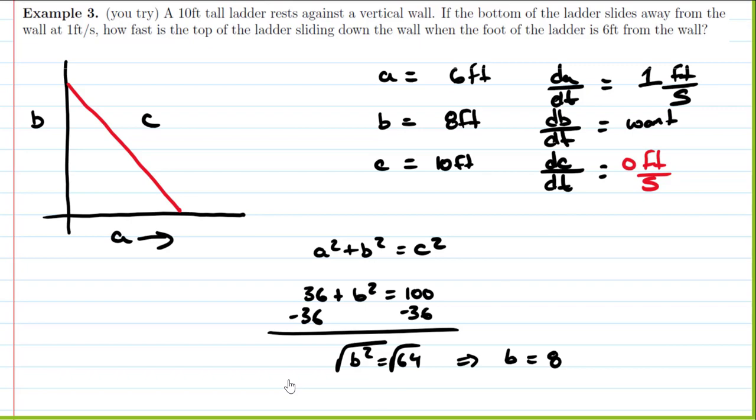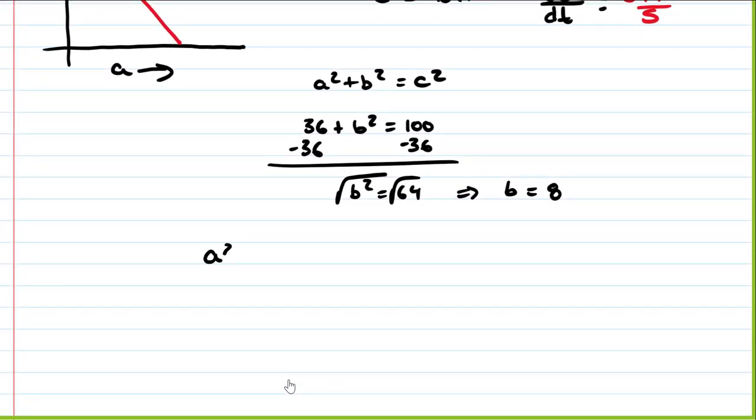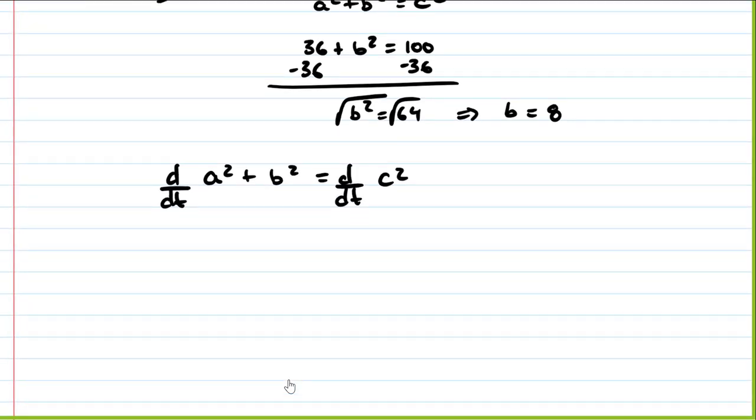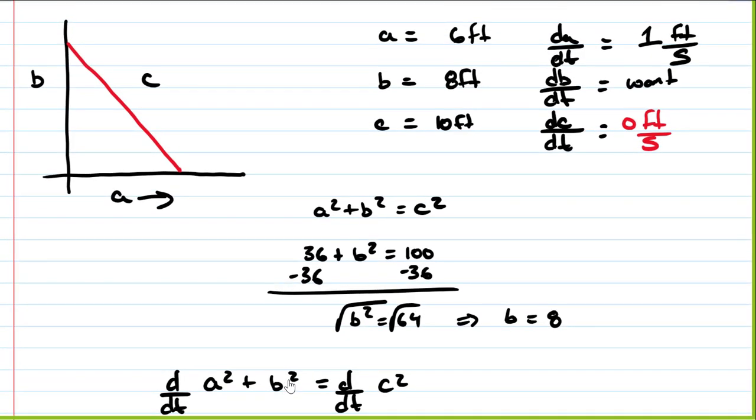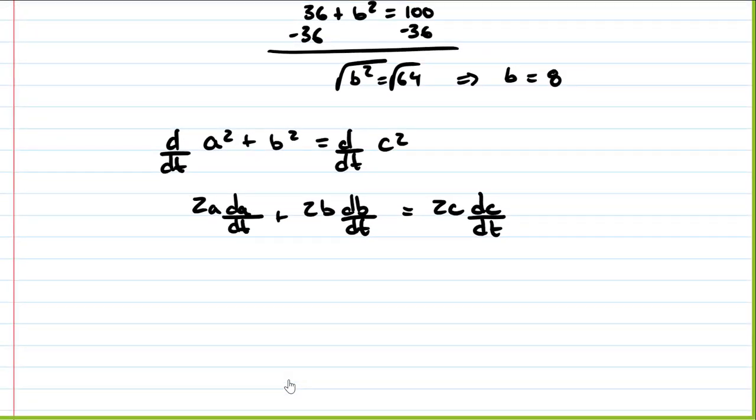So now that we have all of our information, we can take the derivative of our model. So we take d/dt of both sides, and that's going to give us 2a dA/dt plus 2b dB/dt is equal to 2c dC/dt. And this time we want dB/dt. So we minus 2a dA/dt from both sides.